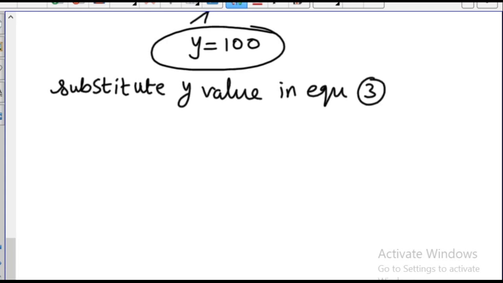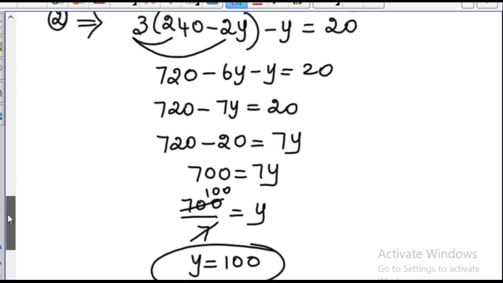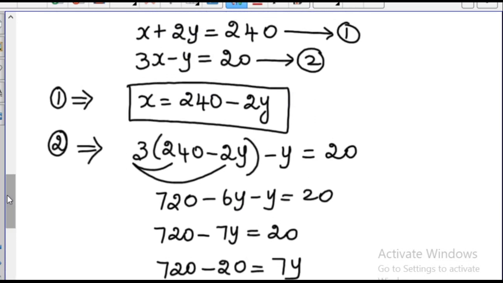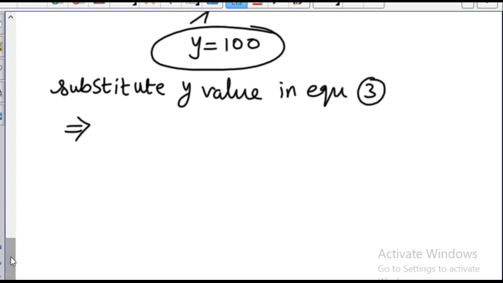Okay, what is equation number 3? That is this one. Okay, you give it a name, a number. So what is that? X is equal to 240 minus 2y.